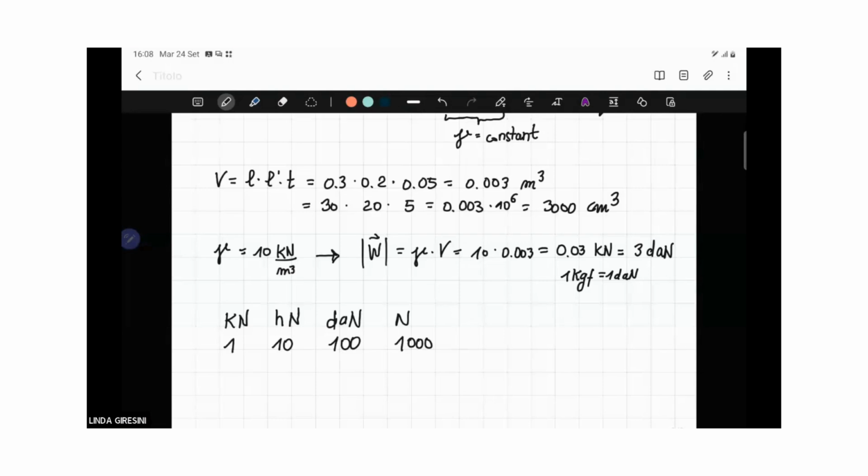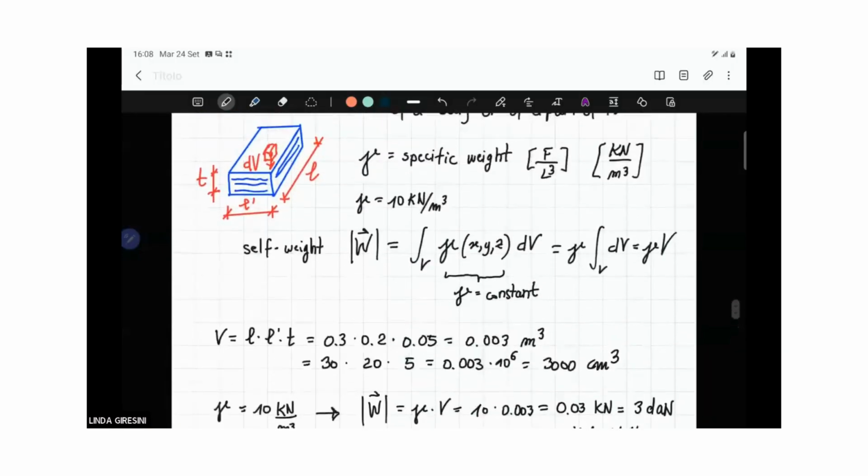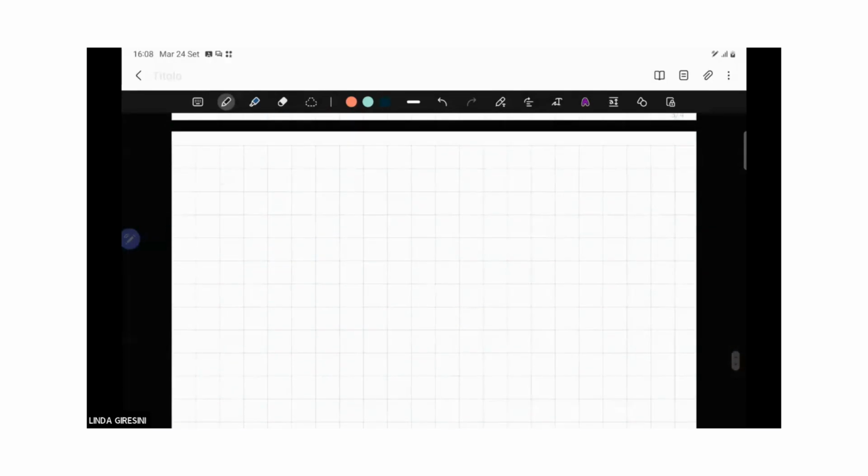Okay, and now the last example, then we take a break. The last example, so we said concentrated forces, volume forces, and the third type of force is area or surface force.